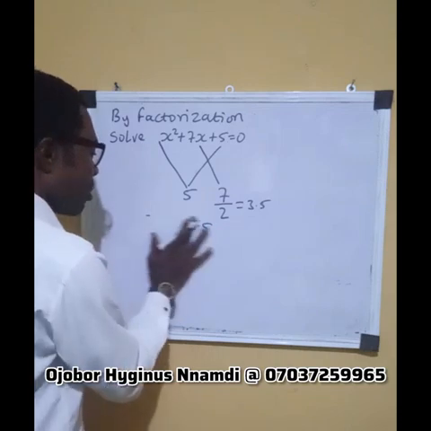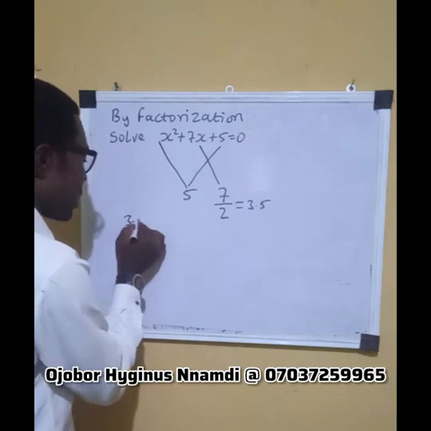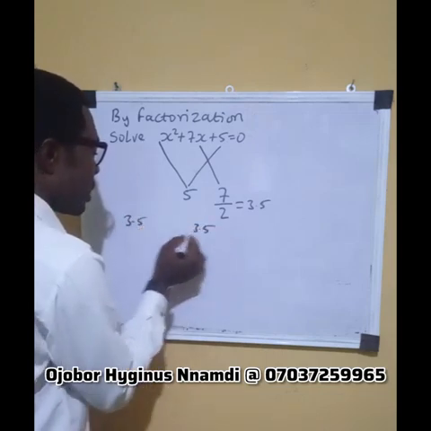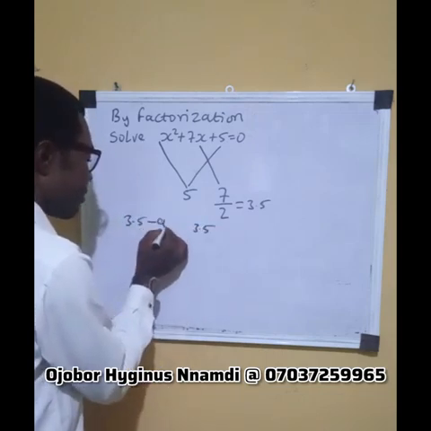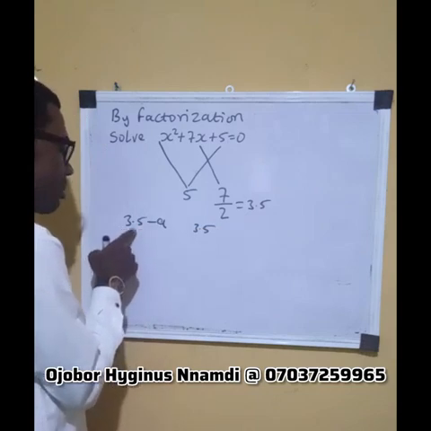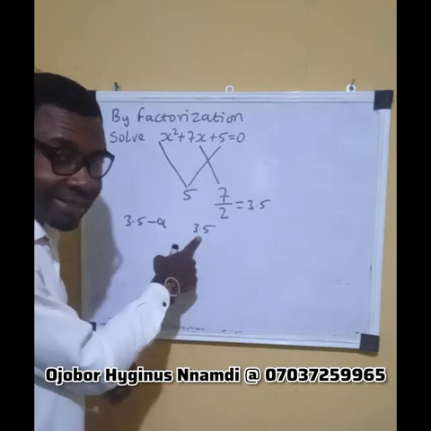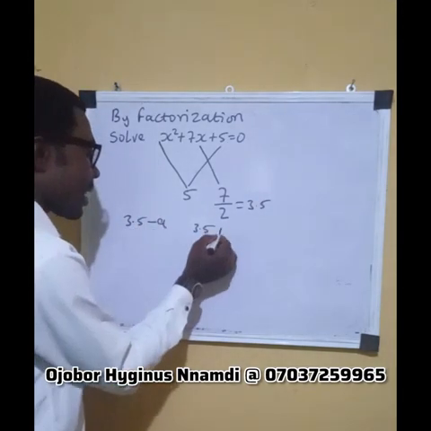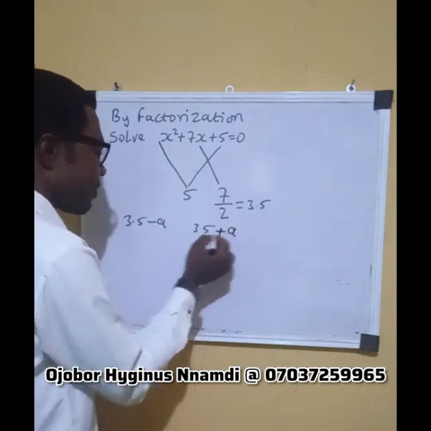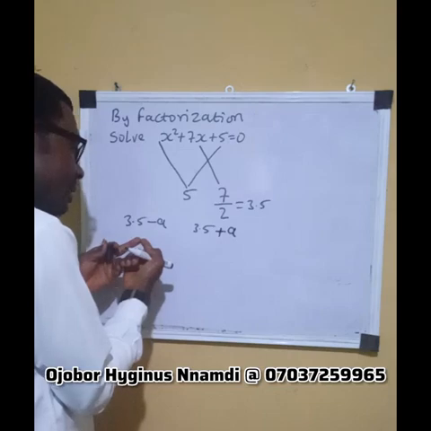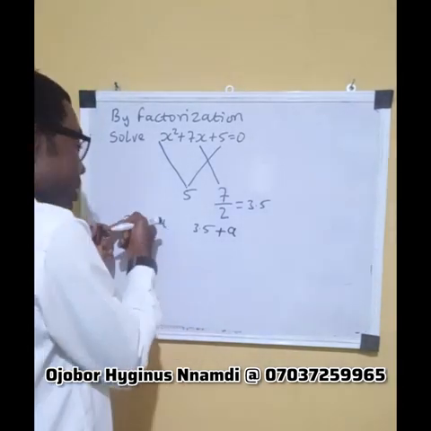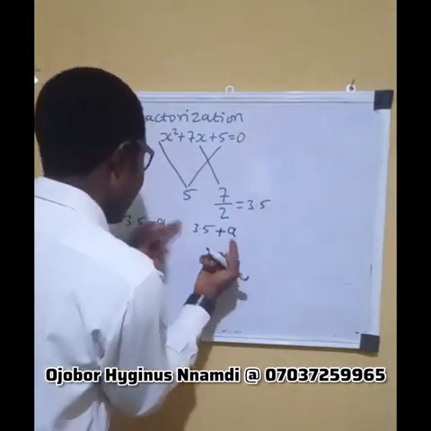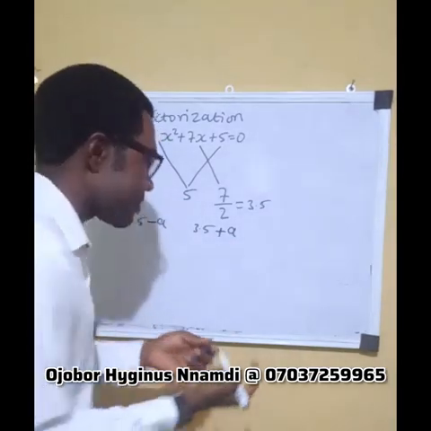But if I subtract a certain number from 3.5, remember 3.5 plus 3.5 is 7, I add that same number to the other 3.5. If I add them, I'll still get 7 because it's the same number I removed from here that I added here.